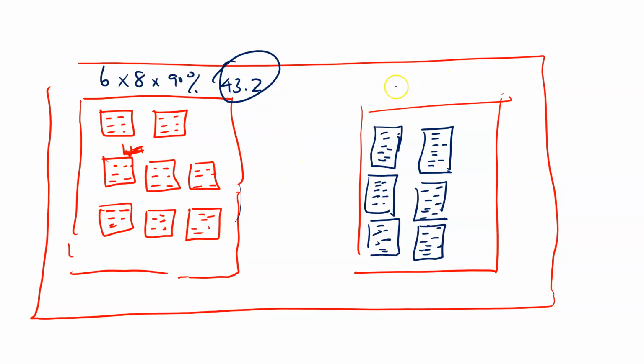As opposed to here, where you have 9 times 6 machines at an 85% capacity. So you have 9 times 6 times 0.85, and that gives you 45.9. Because it's a process, you wash the clothes and then you have to dry them.